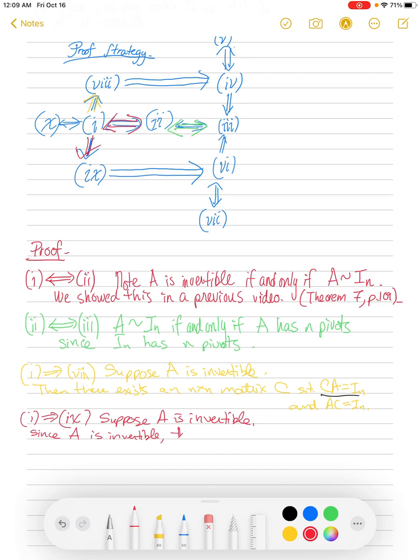We know it's the inverse of A, but let's just call it D. Since A is invertible, there is an n by n matrix D such that AD is the identity and DA is the identity.